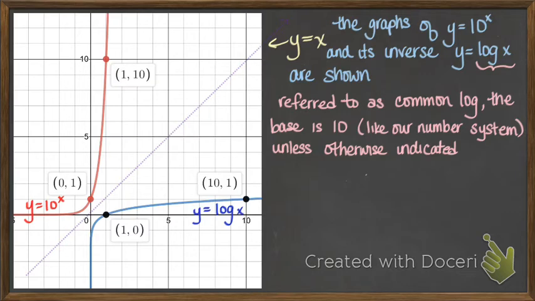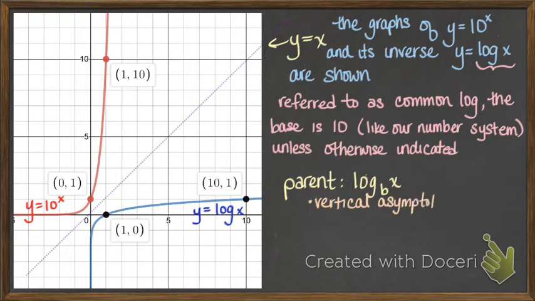So let's take a look at a few things that would pertain to these graphs and use them as a basis for what we know. The generic parent curve is going to be the log base b of x. That b value can change, and it changes the shape of the graph slightly. There's a vertical asymptote now. What once was the horizontal asymptote for our exponential function, reflected over the line y equals x, becomes a vertical line. So there's a vertical asymptote at x equals 0.